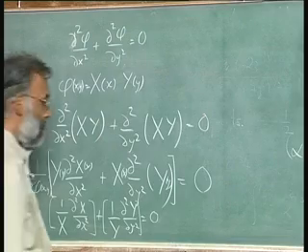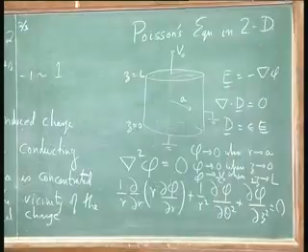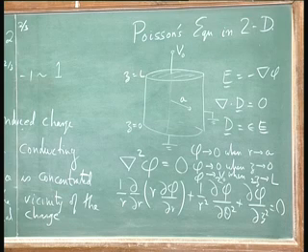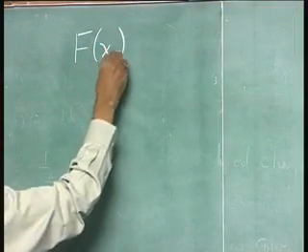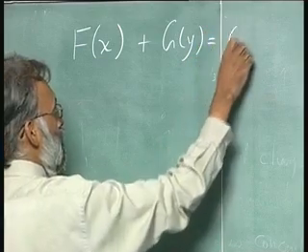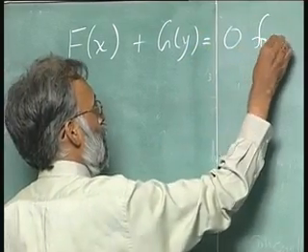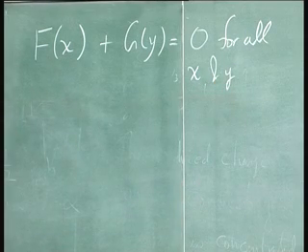So, I have a form that looks like some function of x plus some function of y is equal to 0 for all x and y.